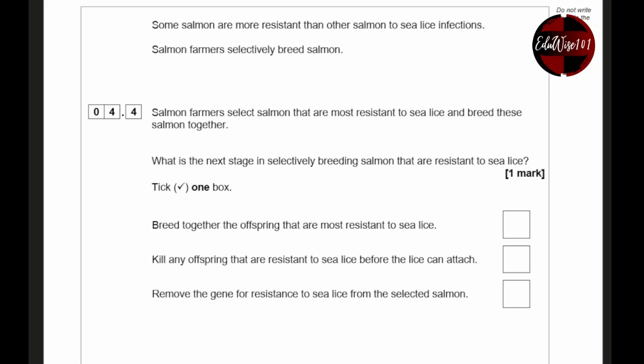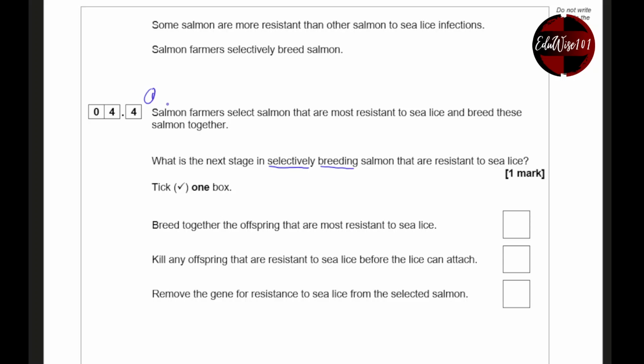Now remember, there are two types of breeding: selective breeding and genetic. Selective breeding is when you are selecting the animals. So what is the next stage in selective breeding salmon that are resistant to sea lice? Salmon farmers select the salmon that are more resistant to sea lice and breed these together. So that's your first step here.